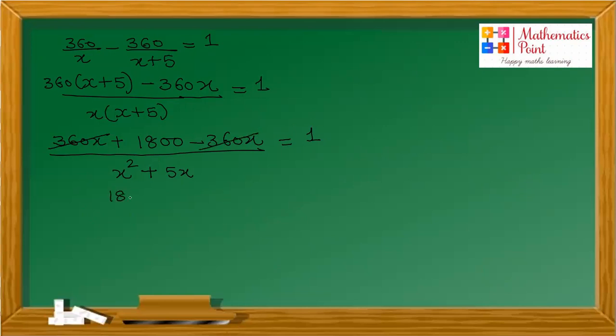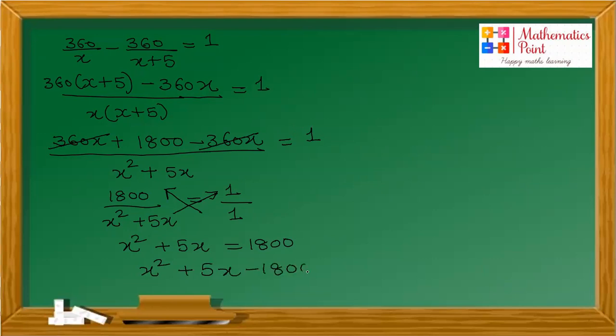So we are left with 1800 over x square plus 5x is equal to 1, which can be written as 1 over 1. Now we will cross multiply. So what do we get? x square plus 5x is equal to 1800, or x square plus 5x minus 1800 is equal to 0.